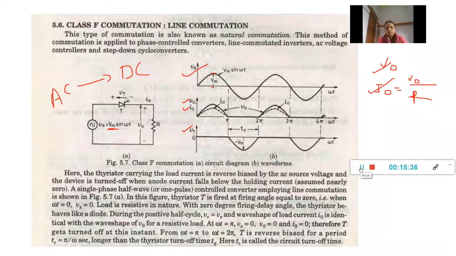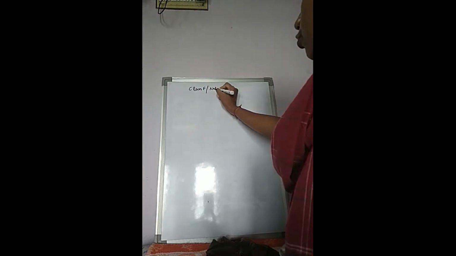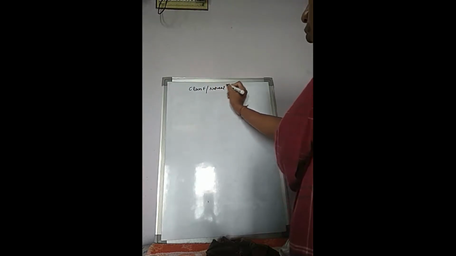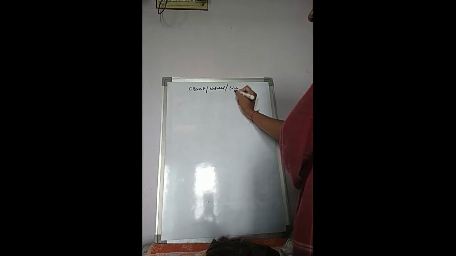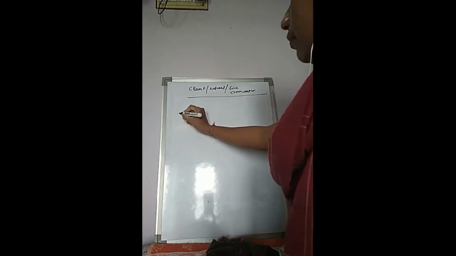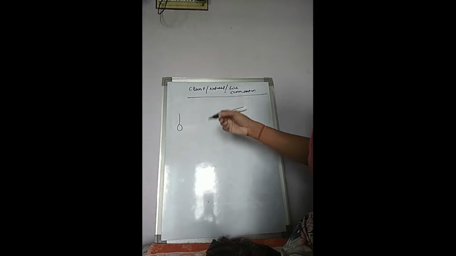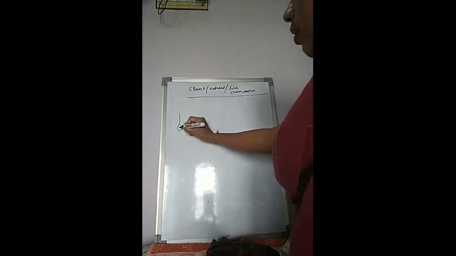So let's go to the description part. Class F, or you can say natural, or line commutation. Under this commutation technique, we will take one example of a phase control converter.